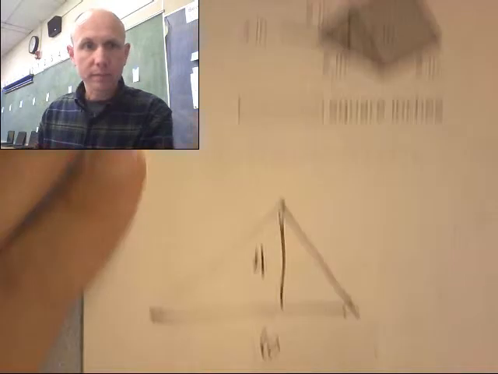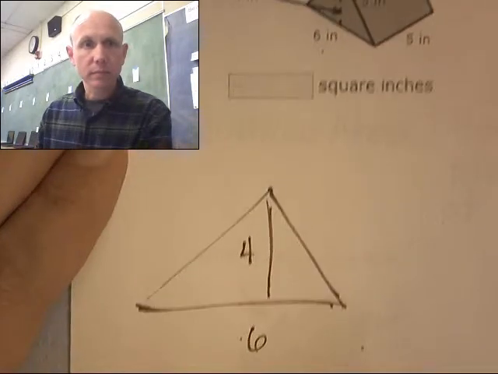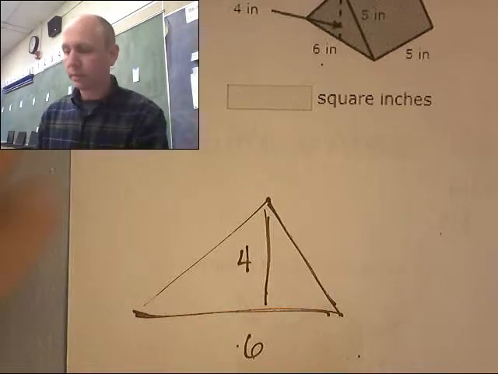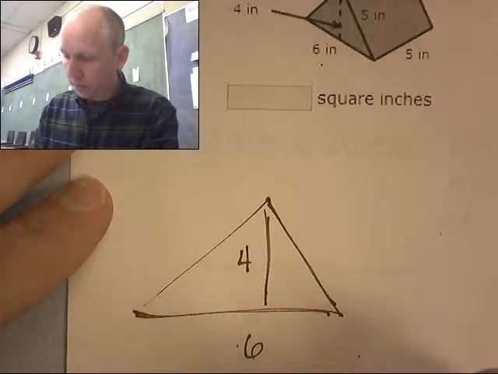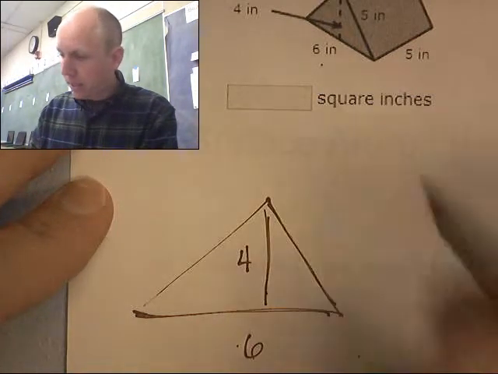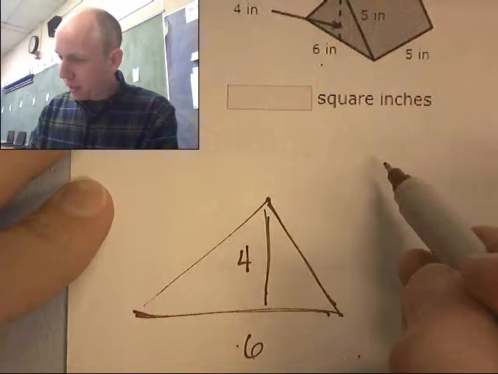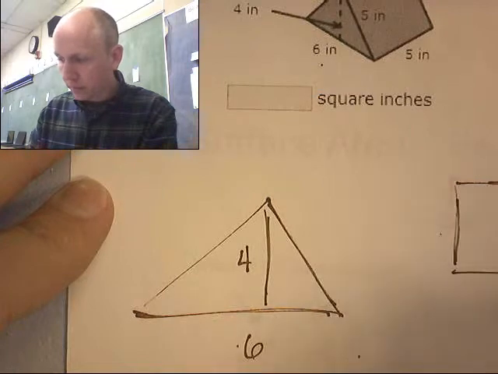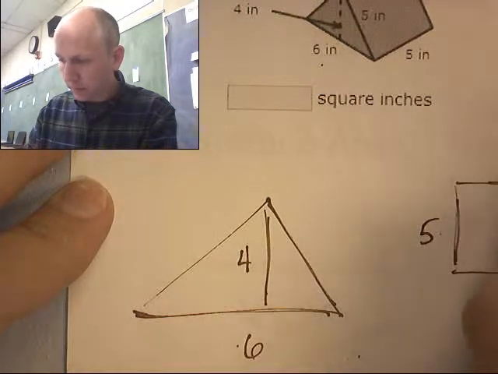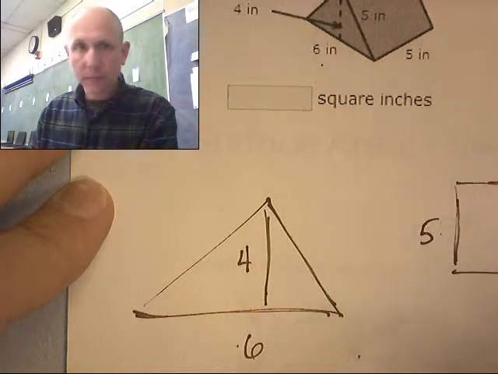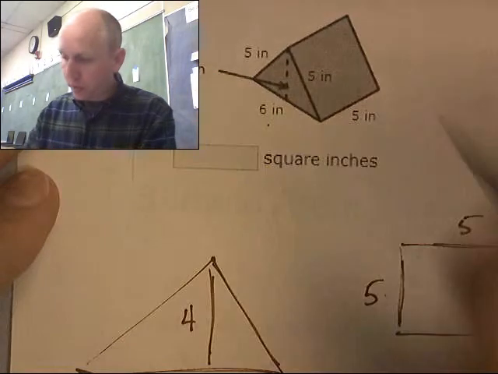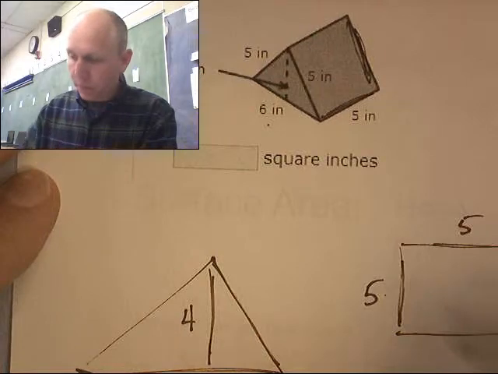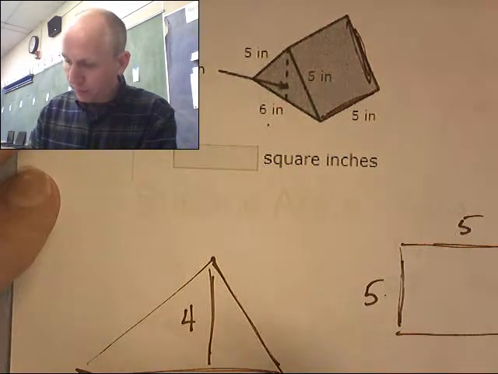4 by 6. Okay, so I'm going to need 2 of those. What's that, 24? And then, looks like I have a 5 by 5. Right? What do you see this right here? A 5 by 5, and I'm going to need 2 of those.